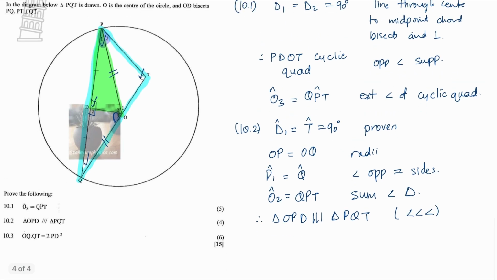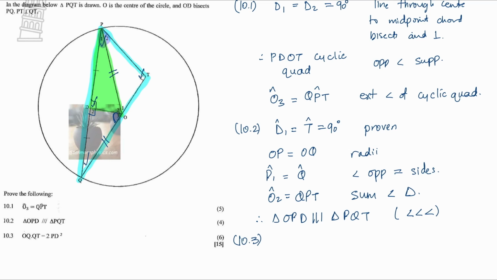Now the last question, question 10.3. Prove that OQ times QT is equal to PD squared. Okay, so let's start with our triangle proportionality that we just proved. Since these triangles are similar, the sides will be in proportion.